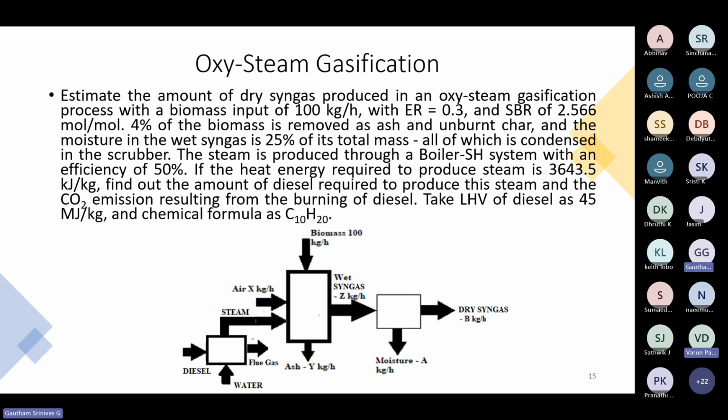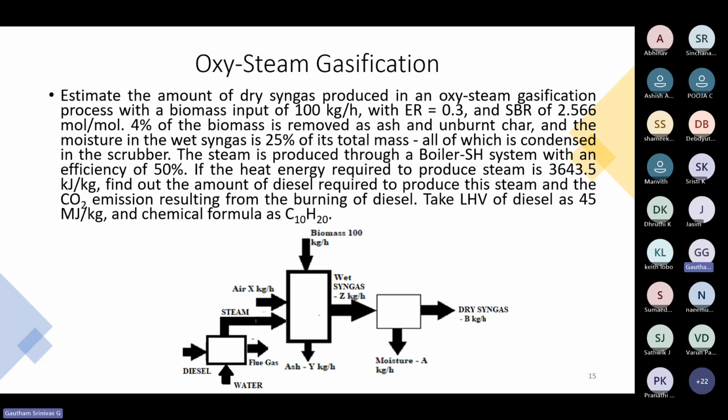You have oxygen, you have steam, you have ash. Can you calculate the wet syngas? So 100 plus 43.8 oxygen plus steam is 2 kg per kg of biomass, so 2 into 100 is 200 kg of steam.